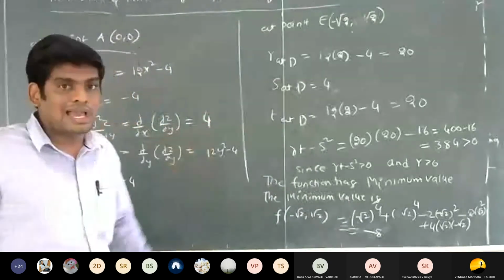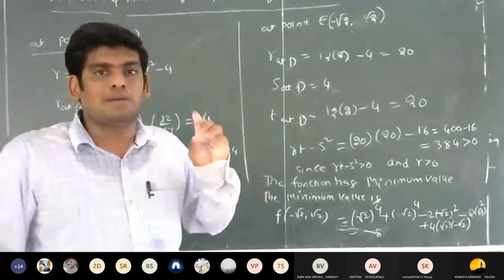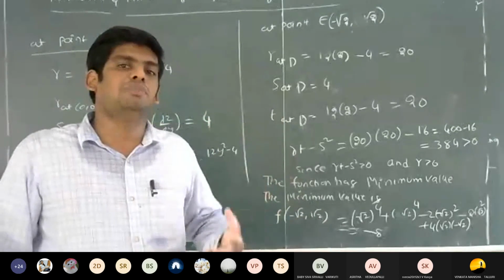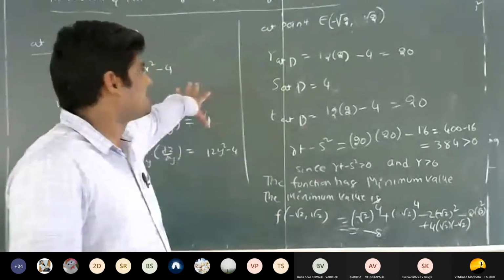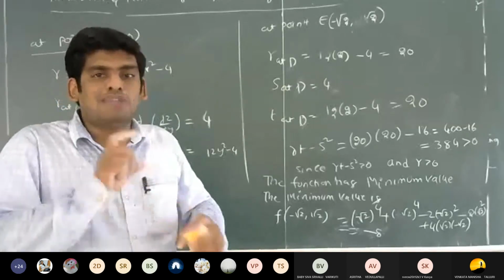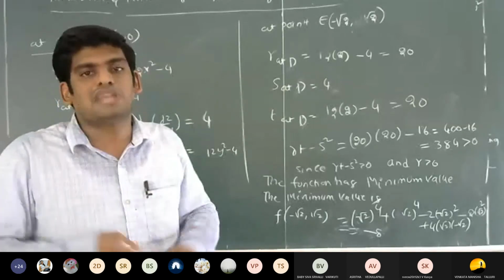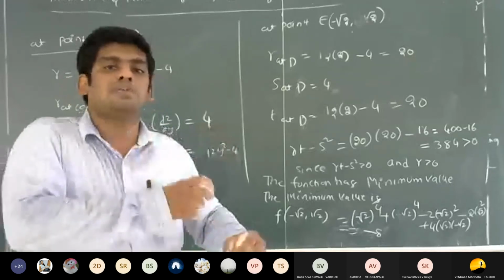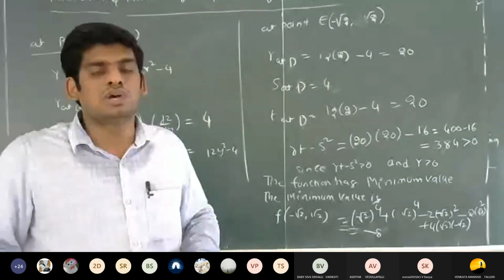But before that, I am considering one problem consisting of three variables, and I am solving that problem by using this concept. In that problem, I want to change one variable in terms of the other two variables. Therefore, the given function of three variables becomes a function of two variables.